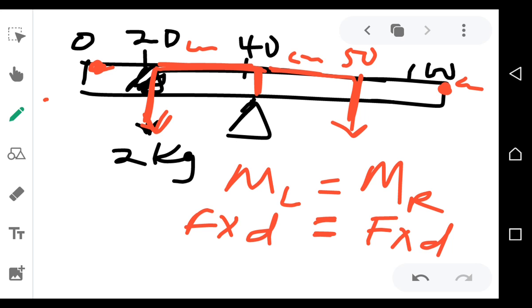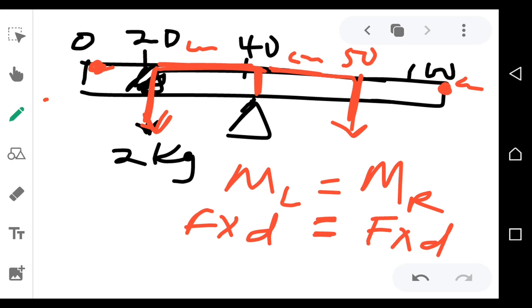If the meter rule is 400, the force will act at 200. If the meter rule is 1000, the force will act at 500. If the rule is 500, it acts at 250. It's just half of the total distance of the rule.